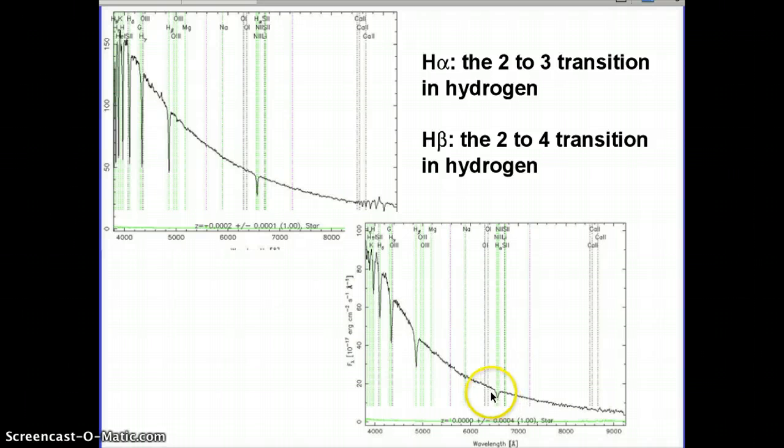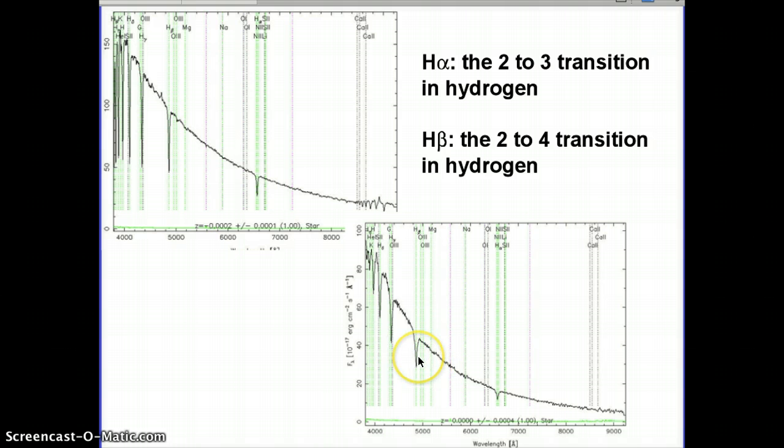That's this one here and this one here. That's a very useful one because it comes right in the visible part of the spectrum. It's at about 670 nanometers or so, and it's very visible. It's definitely red, and you even saw it in the lab we did earlier this week.